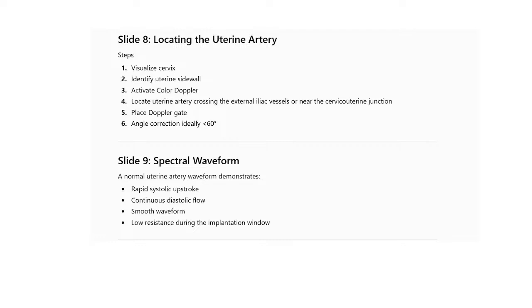That's where you identify it in a non-gravid uterus. Activate color Doppler, locate the uterine artery crossing the external iliac vessels or near the cervico-uterine junction. So that's the standard when you are dealing with a non-gravid uterus, the cervico-uterine junction.